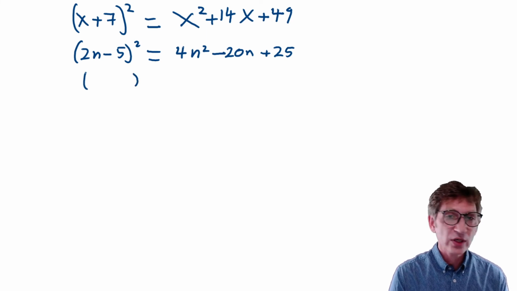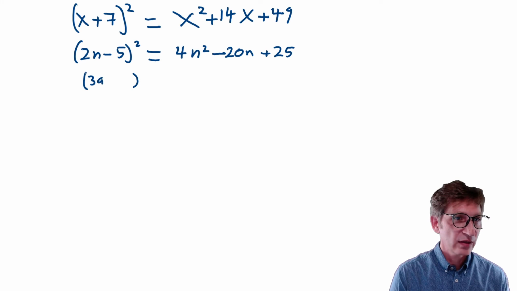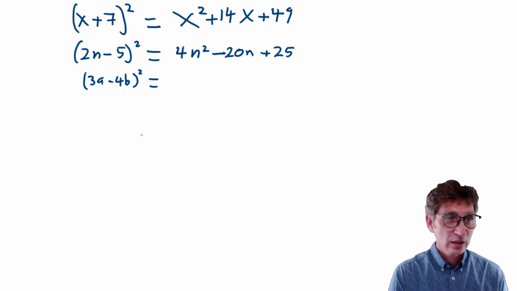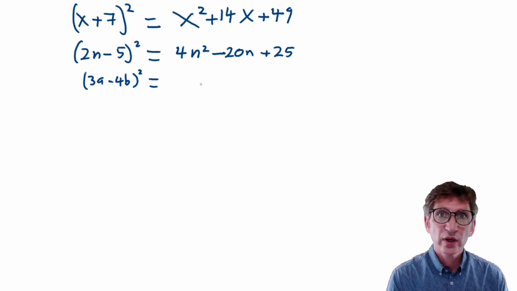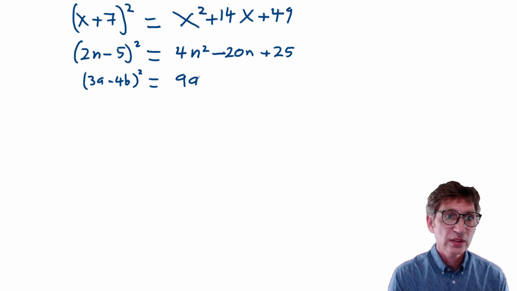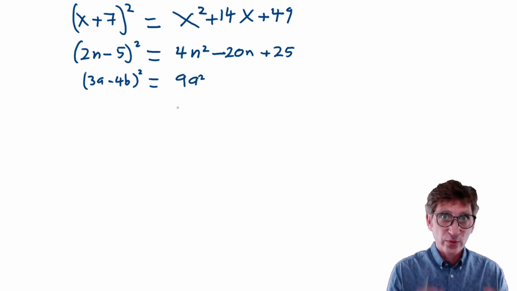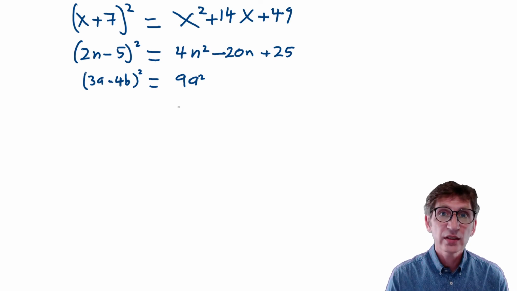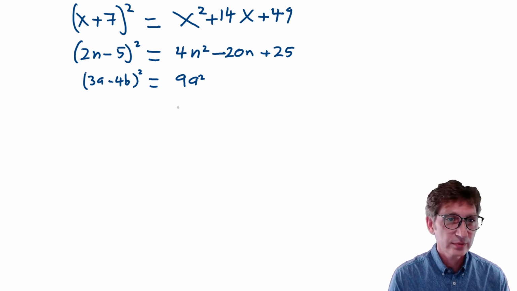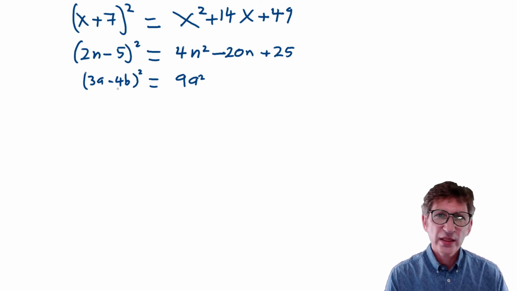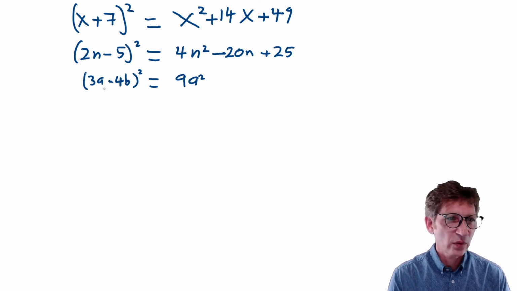I wonder if it works if there are two variables. Like if we have 3a minus 4b and square that whole thing. All right, first term, let's square it. 3a squared is 9a squared. All right, let's multiply these things. 3 times negative 4 is negative 12ab.